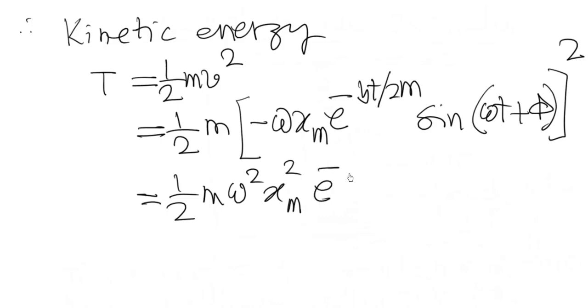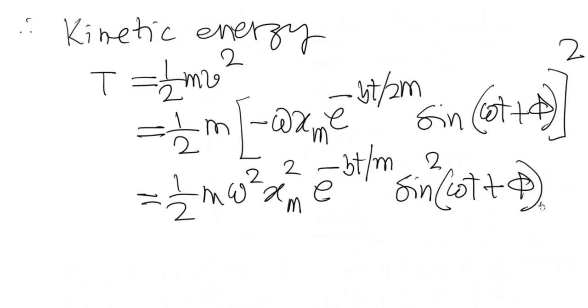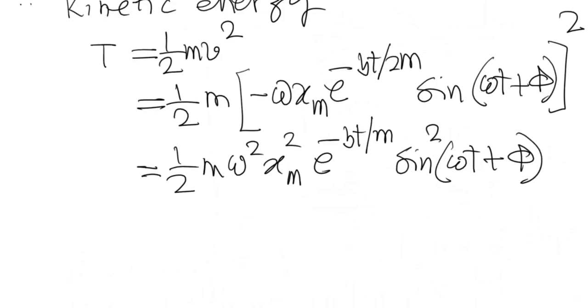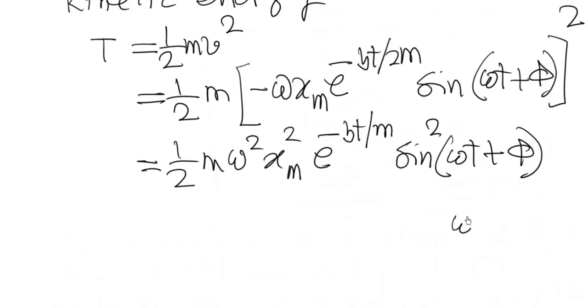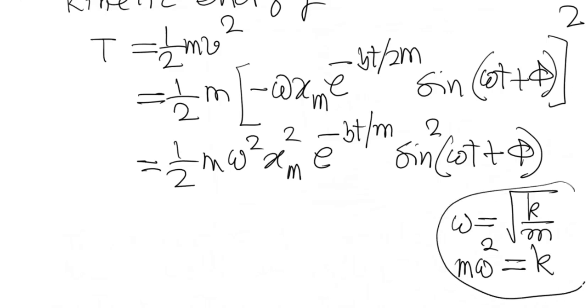So if we square this, then it will be e to the power minus bt by m, and this is sine square(omega t plus phi). But if we recall, we had omega angular frequency squared as k divided by m. So m omega square equals k.